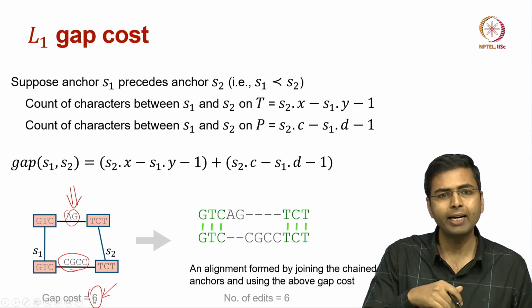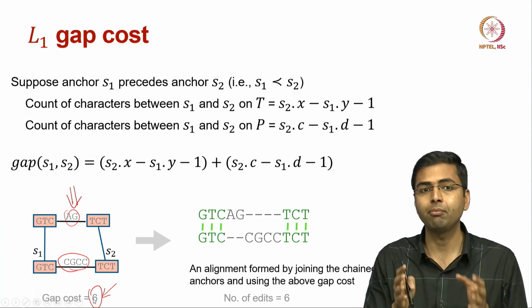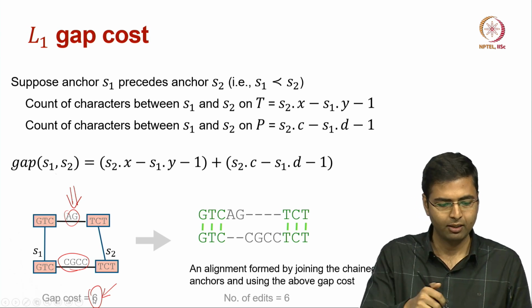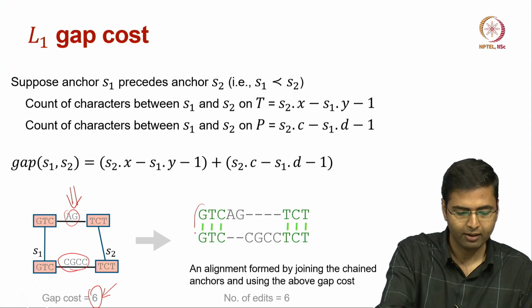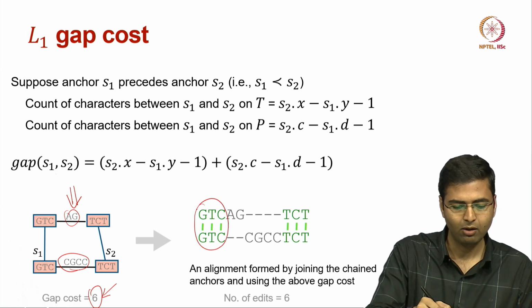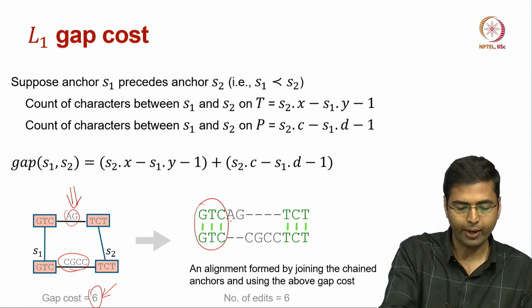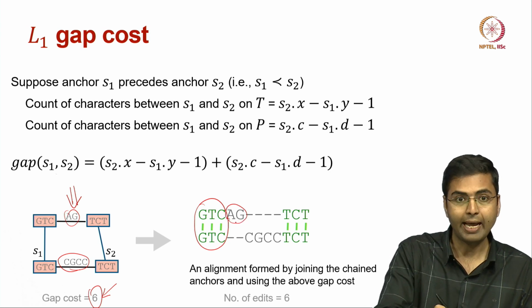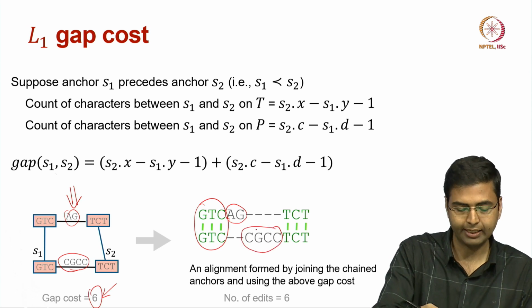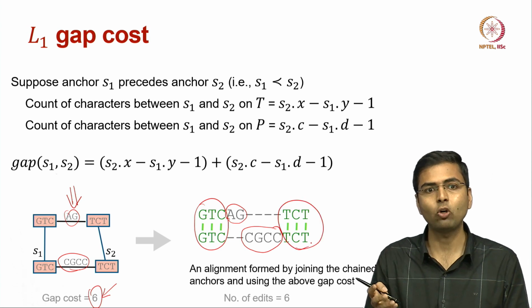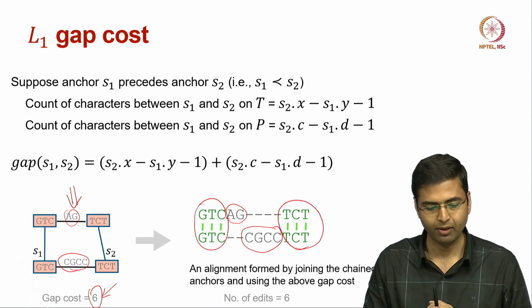Now, if we continue to follow the same gap cost definition, the corresponding alignment for this chain would be the first anchor, followed by the characters of first sequence aligned to dash characters, followed by characters of second sequence followed by dash characters, and the matching characters corresponding to anchor S2.